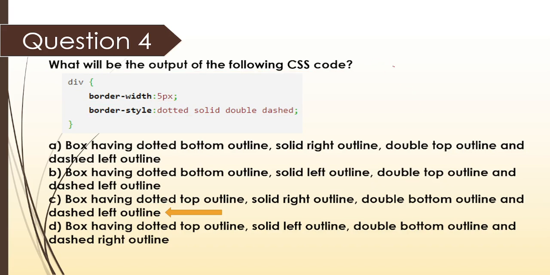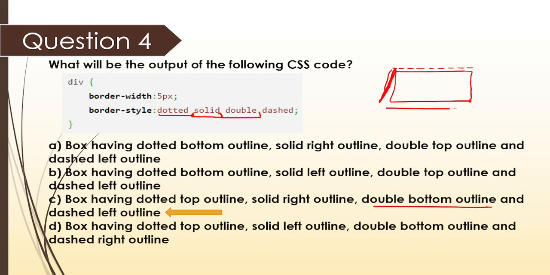Its output will be a box having a dotted top outline, meaning the upper outline is dotted because we have written dotted first. Then solid, so at the right side it will be a solid straight line. Third is double, the bottom outline, because we have written double here.